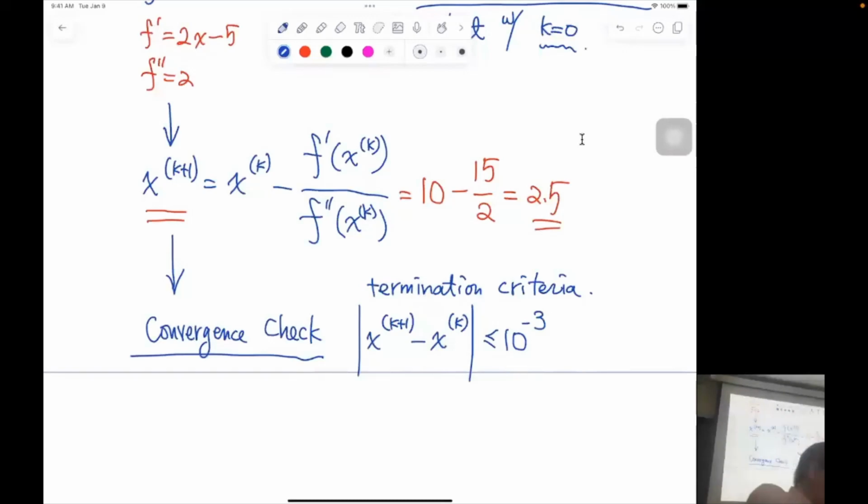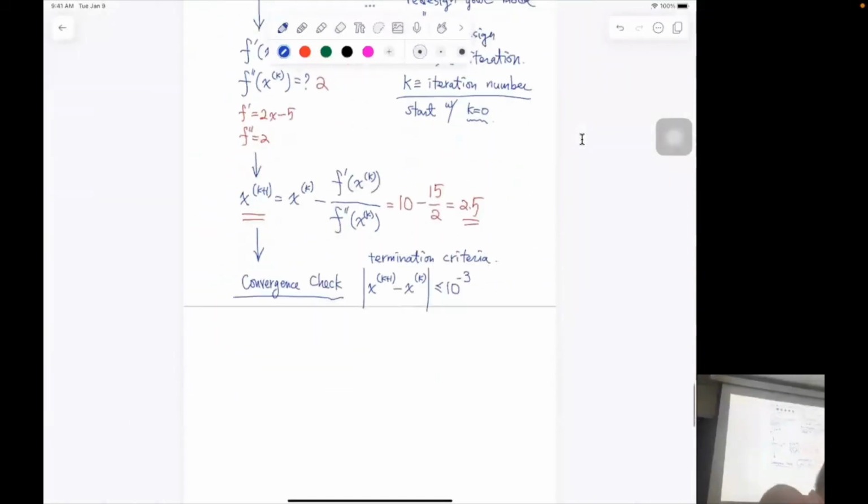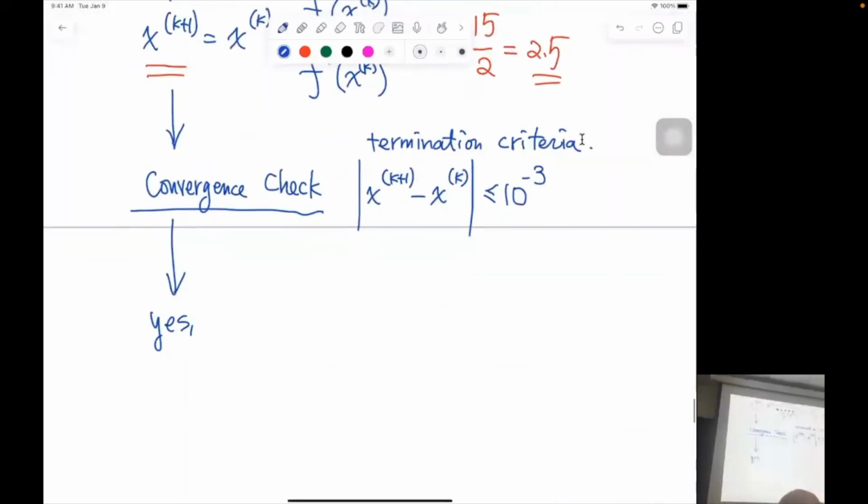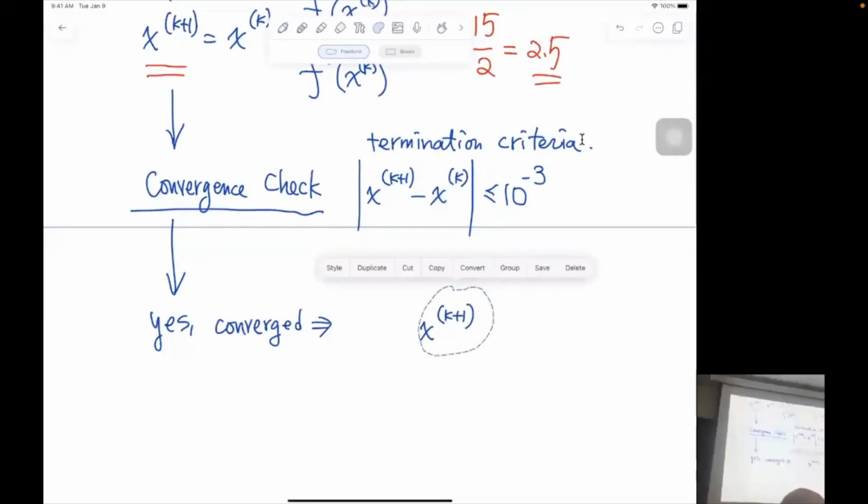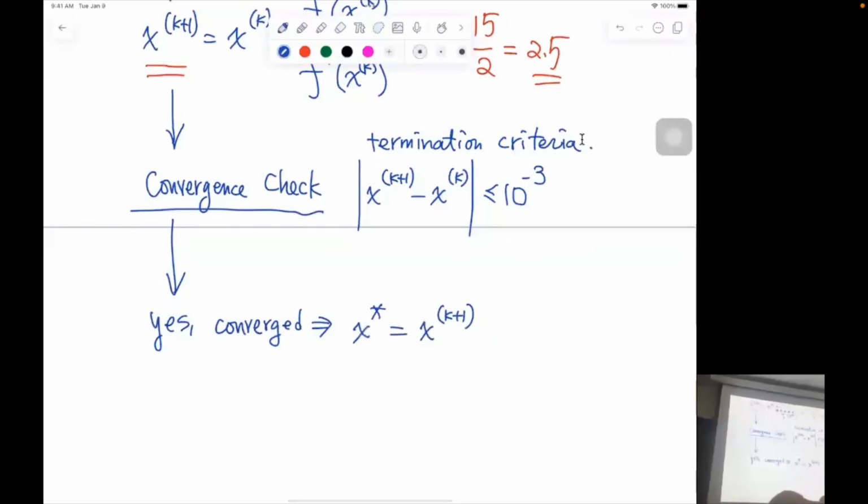So if yes, then converged. Then your optimal design is your latest solution, the latest design point.